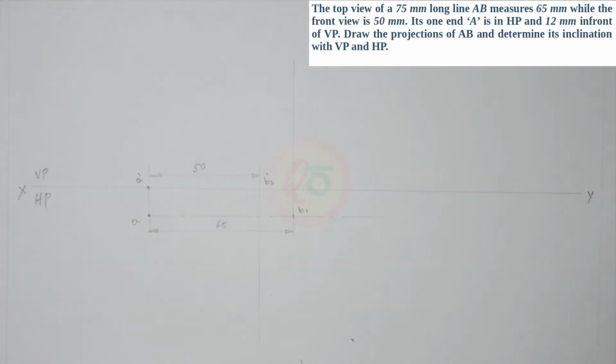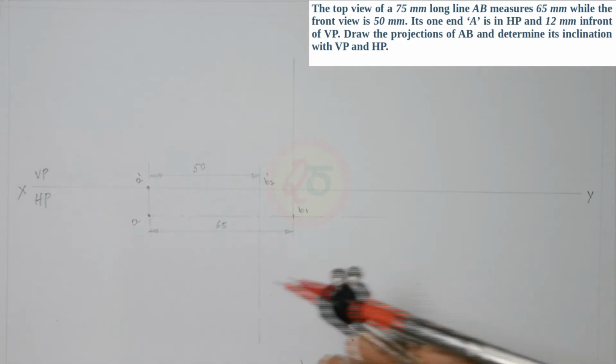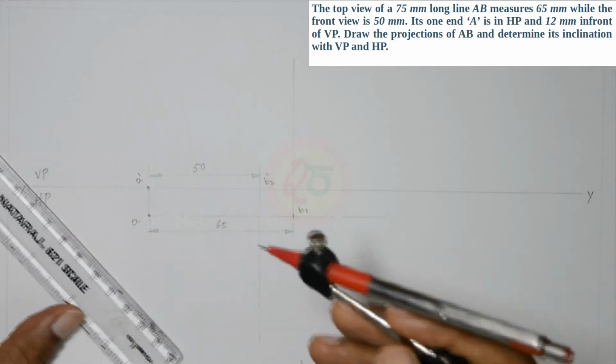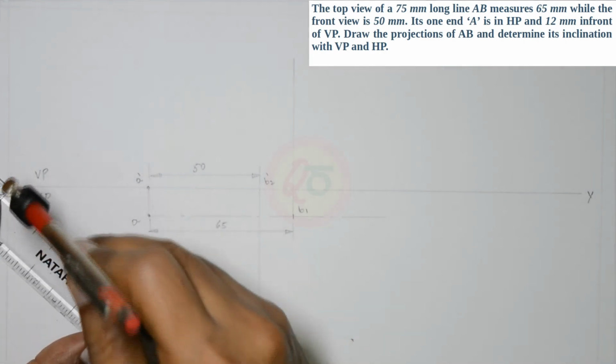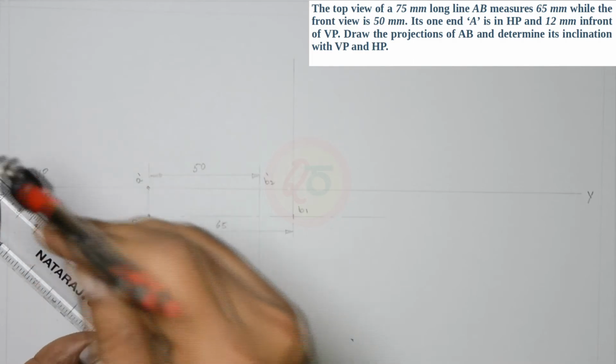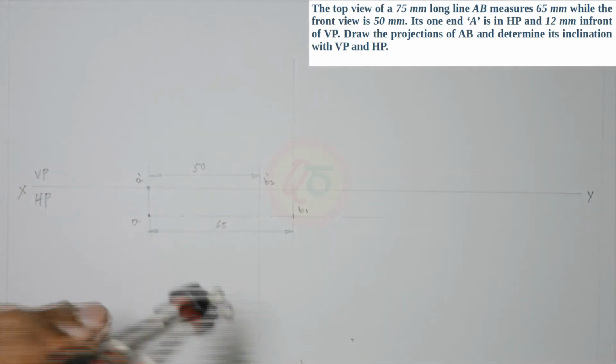Now, using your compass, measure the 75 mm true length. Measuring the 75 mm true length.